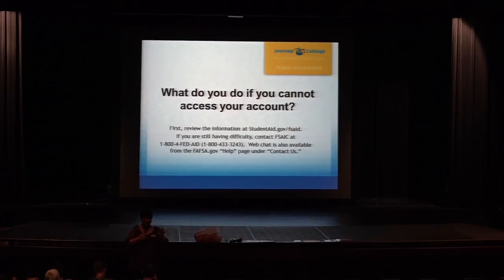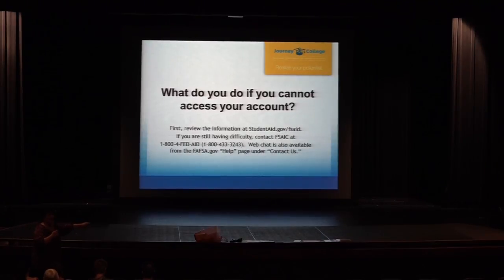The first thing they'll tell you is to go and review the information at studentaid.gov, FSA ID. Most people don't get very far with that. They realize that's not helping. Then they go to FSAIC, which has a phone number, and I encourage you to write this down.